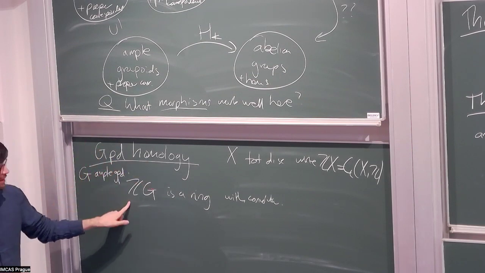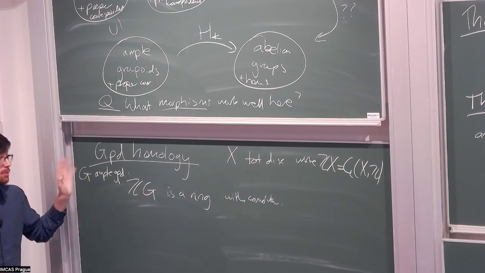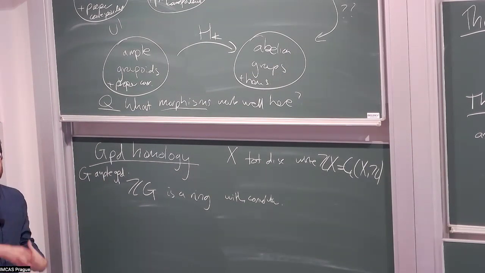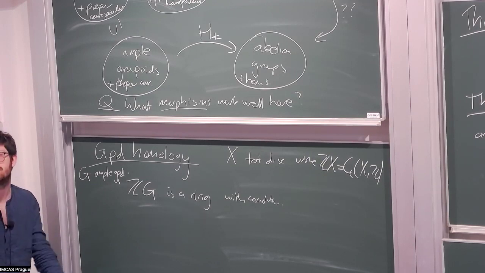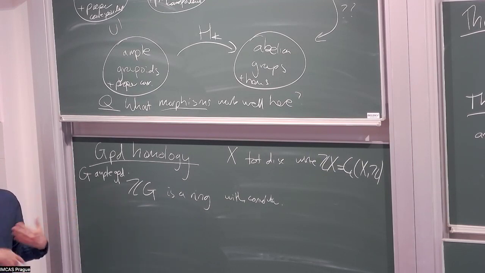And now we can put a convolution structure on this, a ring structure with convolution. If you were working with a group, this would basically be playing out the group multiplication, but on the level of the functions on the group. That still works when you work with a groupoid. It uses the groupoid multiplication structure and turns this into a ring.